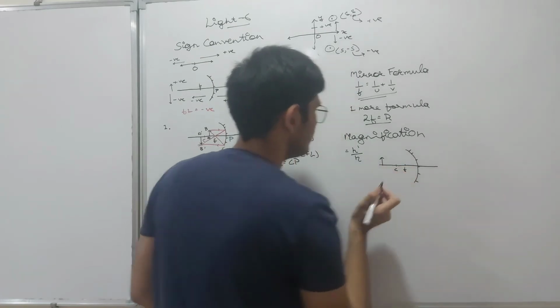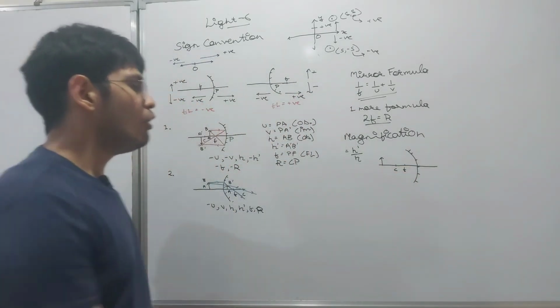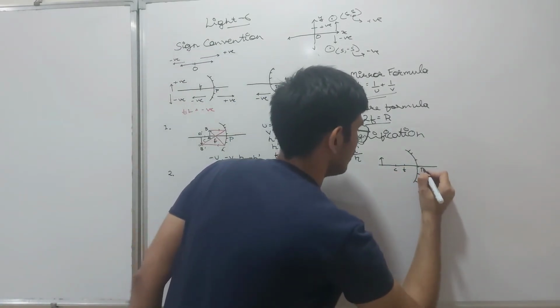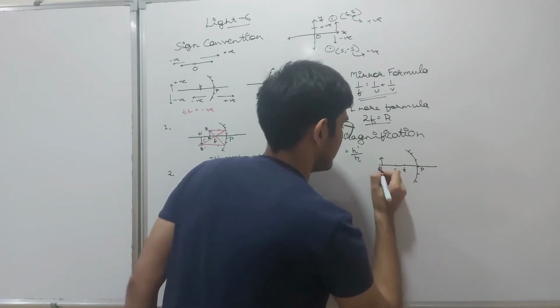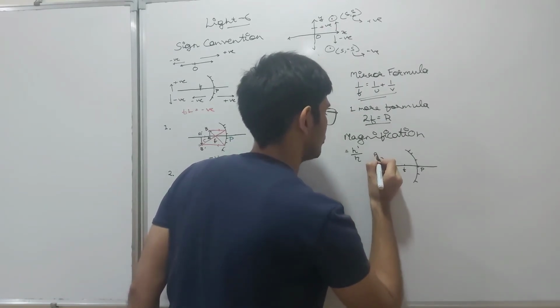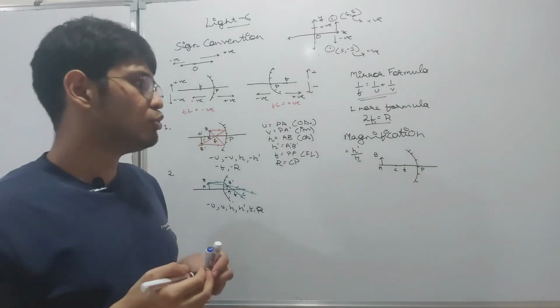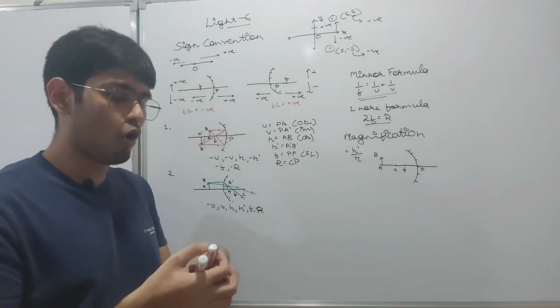I am making the object a bit larger in size. This is the point P, which is the pole, and let the object be AB. First you have to apply the law of reflection.